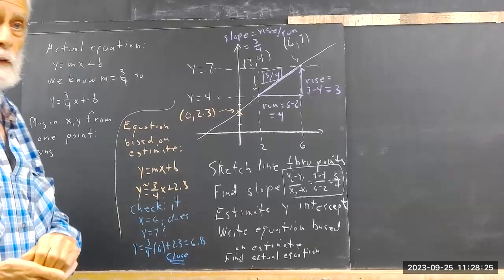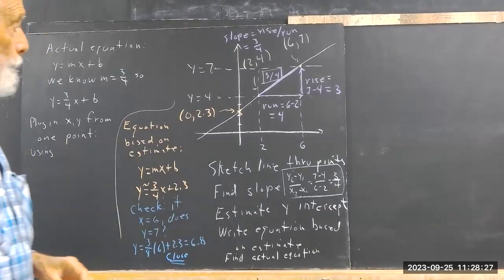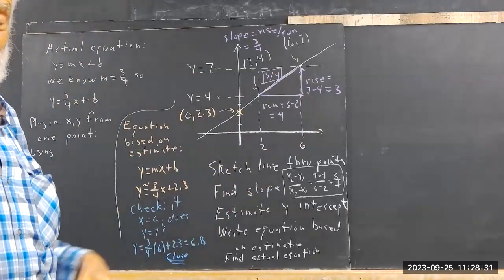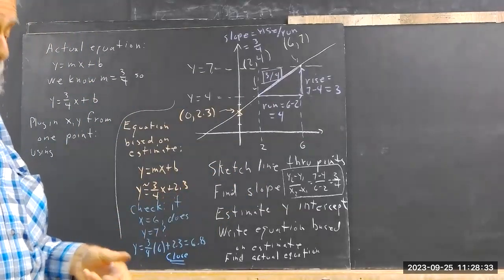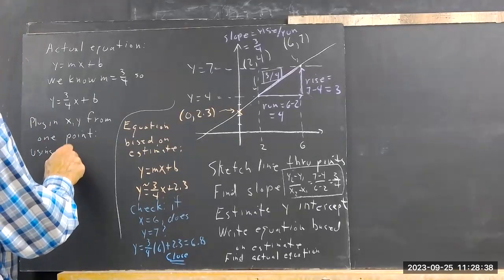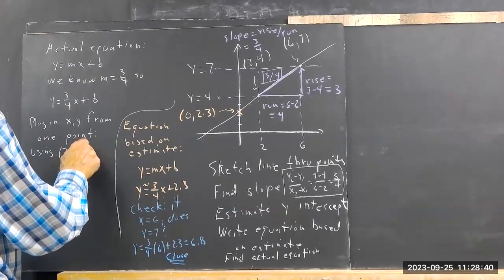Okay, make a quick choice. Everybody point right if you want this one, left if you want this one. Which way you want to go? Doesn't matter. Okay, we're going left. So we're going to use the point 2, 4. Pick the first answer I saw.